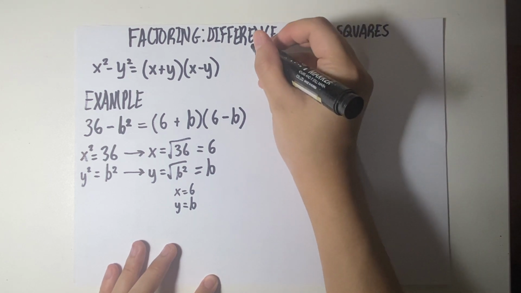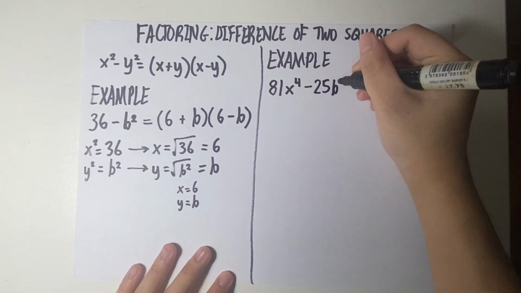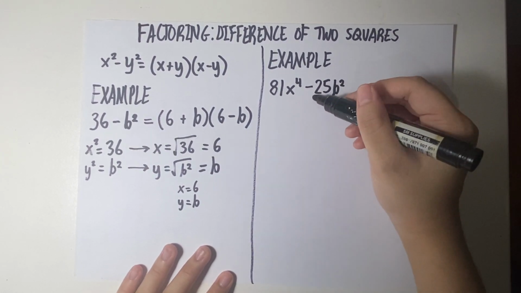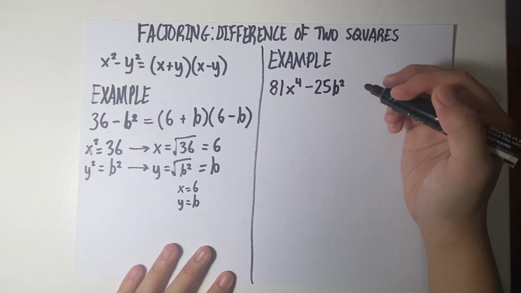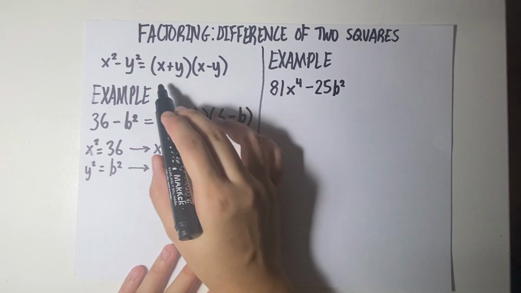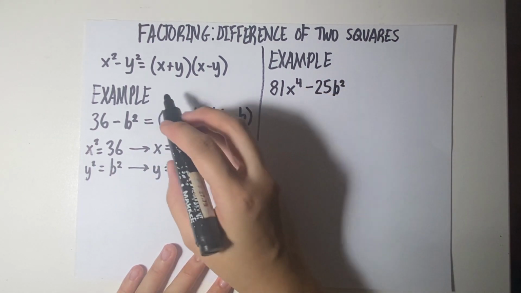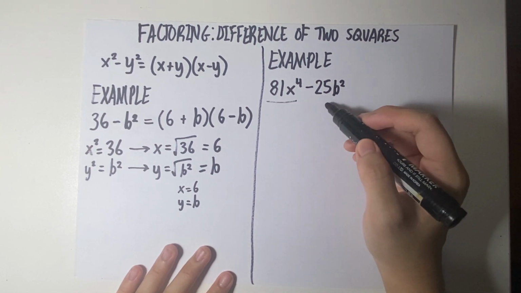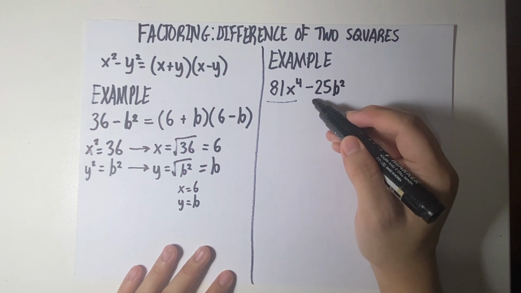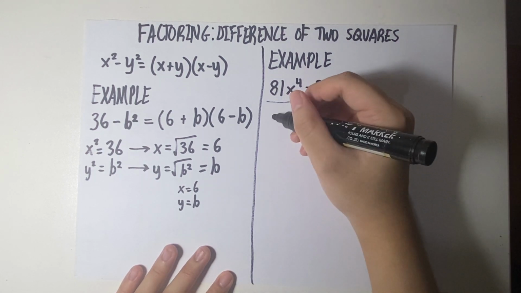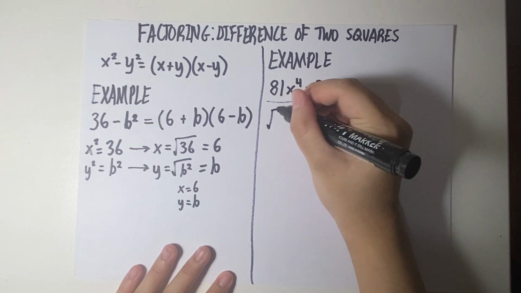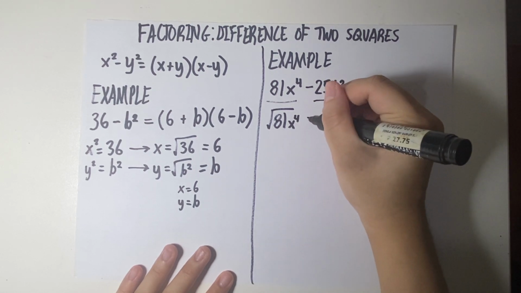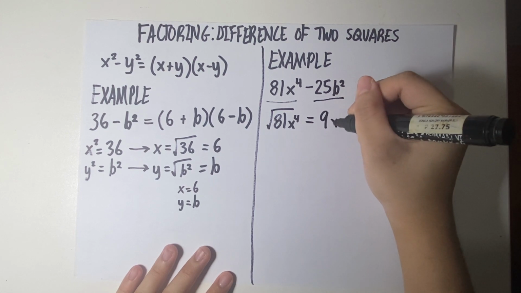Let's try this again with another example. Okay, so in our second example, we have 81x to the power of 4 minus 25b squared. Okay, so by following these factoring formulas, we know that we need to get the square root of 81x to the power of 4, and we need to get the square root of 25b squared. The square root of 81x to the power of 4 is equal to 9x squared.